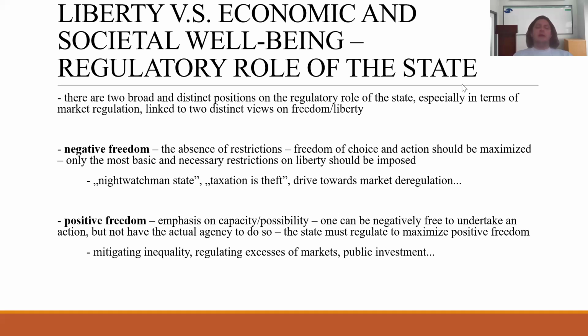Because there's a debate here, and this also kind of ties back to one of the previous questions I got, which was, do we have to weigh between life, liberty, and the pursuit of happiness? This is one of the most important weigh-offs between those values, between one conception which prioritizes liberty, and another which prioritizes limitations on liberty for societal well-being, which would be the pursuit of happiness in this case, right?